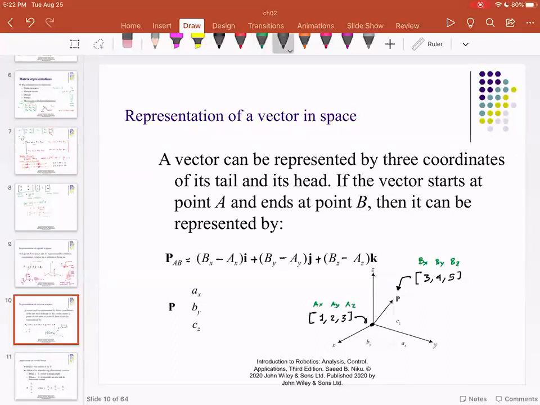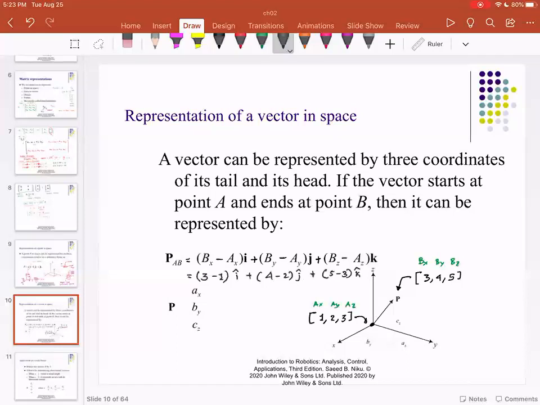So I can write this vector as 3 minus 1 i plus 4 minus 2 j plus 5 minus 3 k. So that is how this vector can be represented.